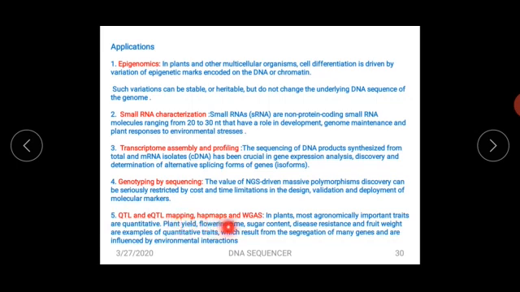QTL and eQTL mapping, HapMaps: these are qualitative or quantitative analyses for many things we can see below, like plant yield, flowering time, sugar content. Their DNA sequences play the major role, as does disease resistance, in understanding what better can be done to these genes.